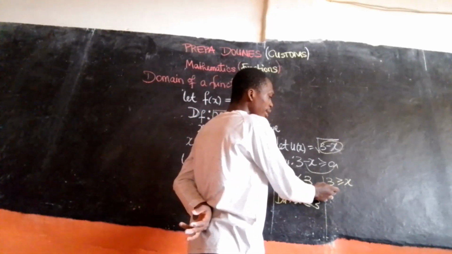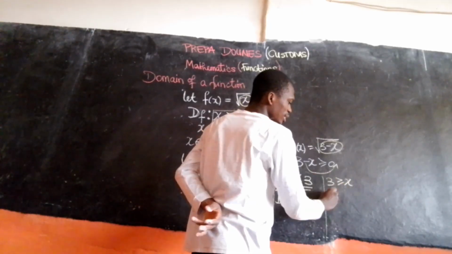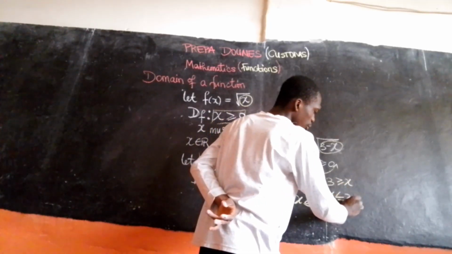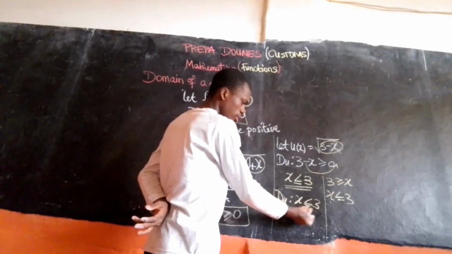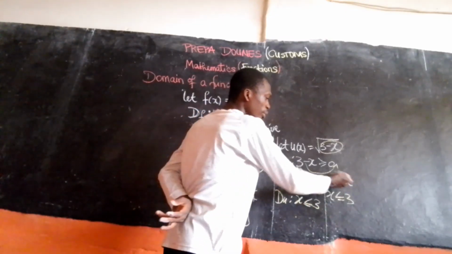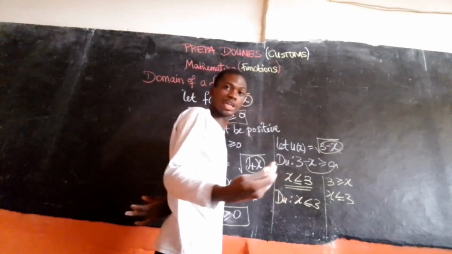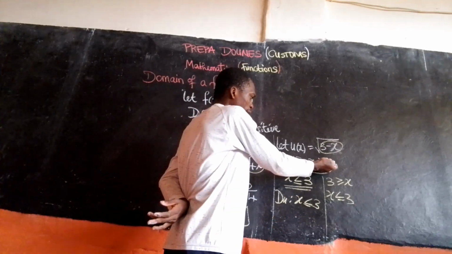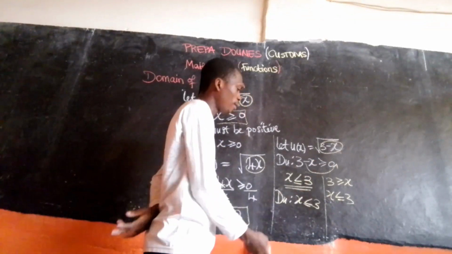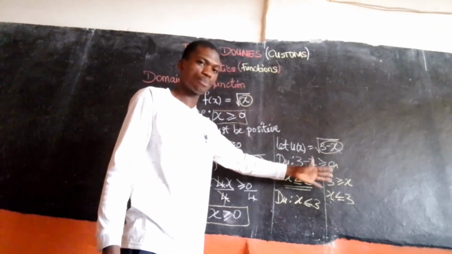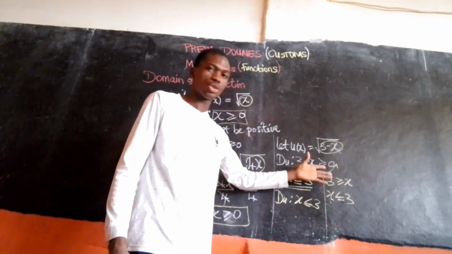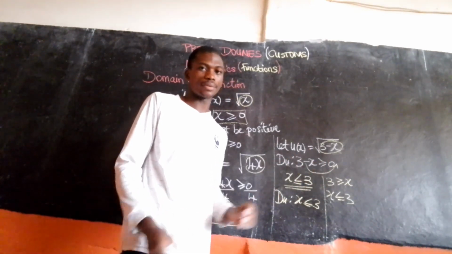And if 3 is greater than or equal to x, it means that x is less than or equal to 3. That is the easiest way you can have this. By the time we treat inequality, I will explain more on how to solve inequalities like these ones.